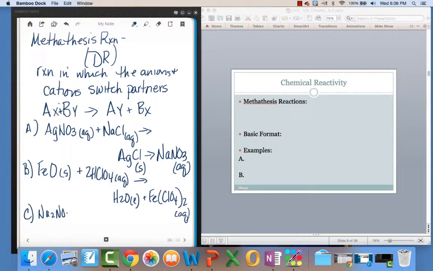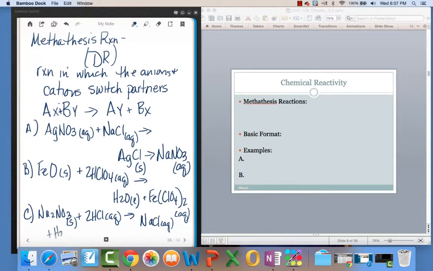Na2CO3, solid, plus HCl yields NaCl, aqueous, plus, oops, I'm going to run out of room. Let me erase this. I need to fit this on here. I'm going to go over here to the left with it, but it's still part of this equation.